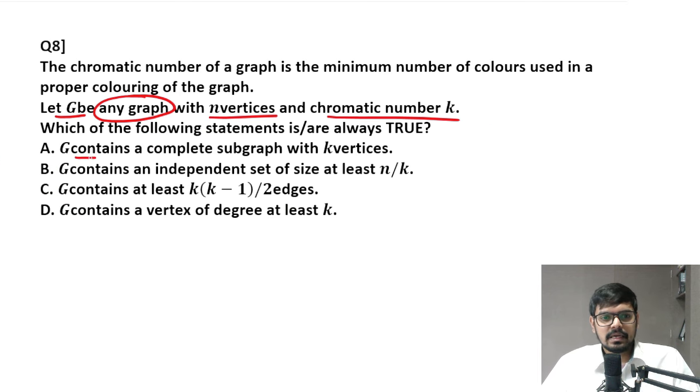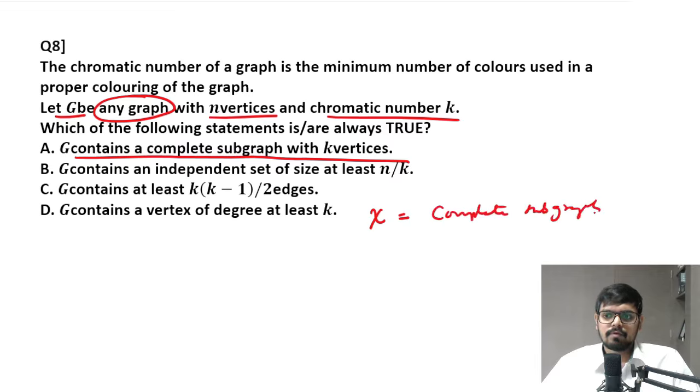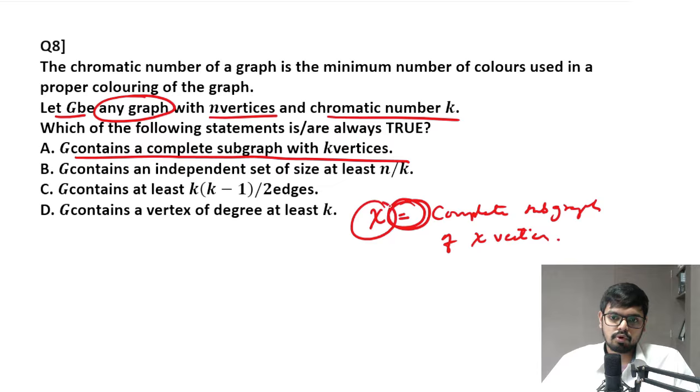Statement A says G contains a complete subgraph with k vertices. k is what? Chromatic number. So you are trying to say the chromatic number is equal to a complete subgraph of k vertices, a complete subgraph with chromatic-number vertices. Are you trying to say it is equal for any chromatic number?